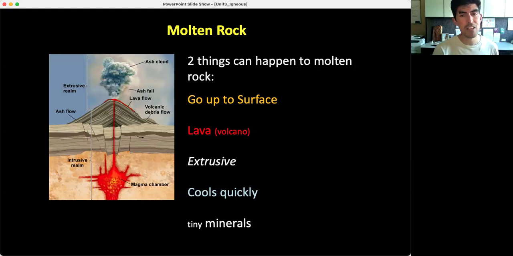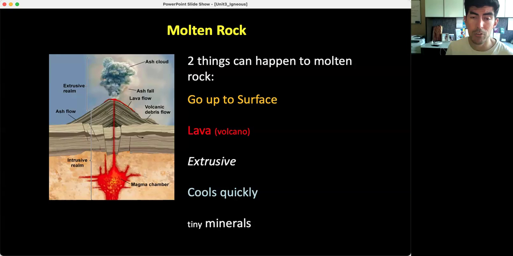And because its cooling process is so quick, it does not have time to grow nice, large minerals. Minerals take a long time to grow. Remember that video in our unit on minerals where we watched the minerals precipitate in that solution. They didn't grow very fast. It took them a long time to grow.